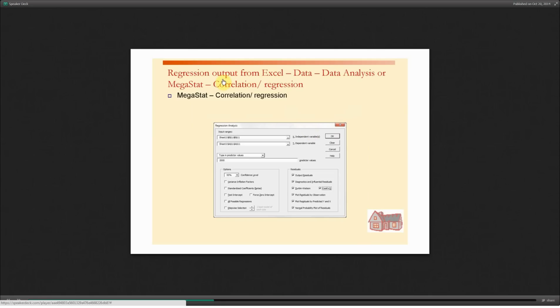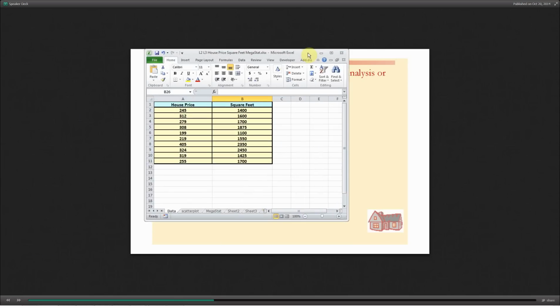I might use a trend line on Excel, so let's take a look at that.